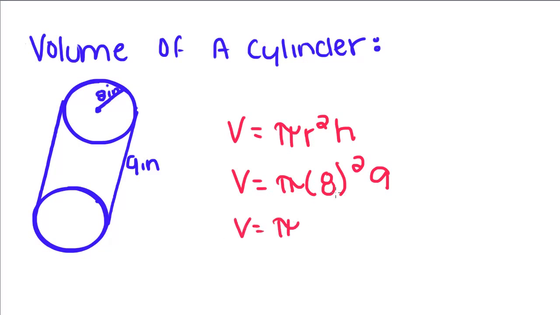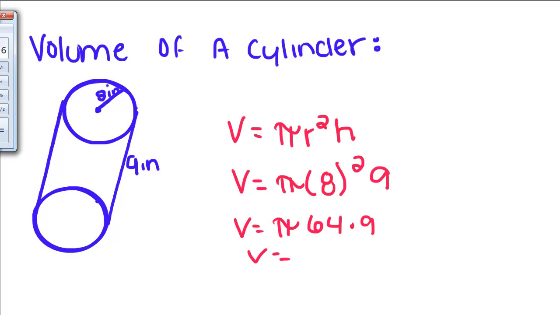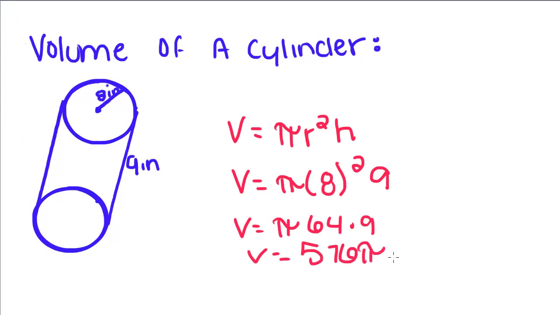So pi r squared is 64 times 9, and I have to plug that into a calculator. 64 times 9 equals 576 pi inches. And remember, we're in volume, so we're talking about three-dimensional space, so it's inches cubed.